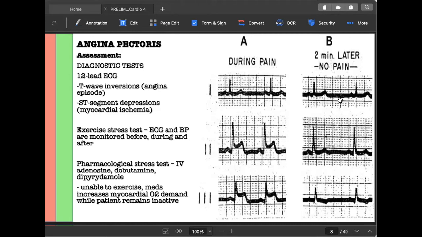Pharmacological stress tests use adenosine, dobutamine, and dipyridamole. For those unable to exercise, medications increase myocardial oxygen demand while the patient remains inactive.